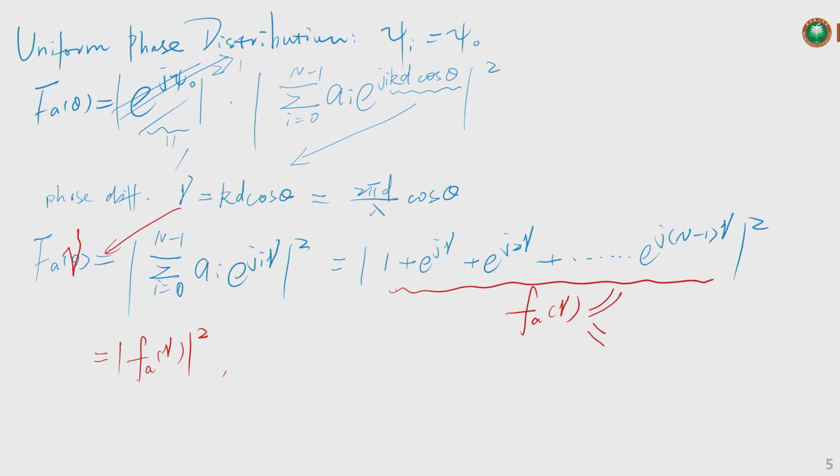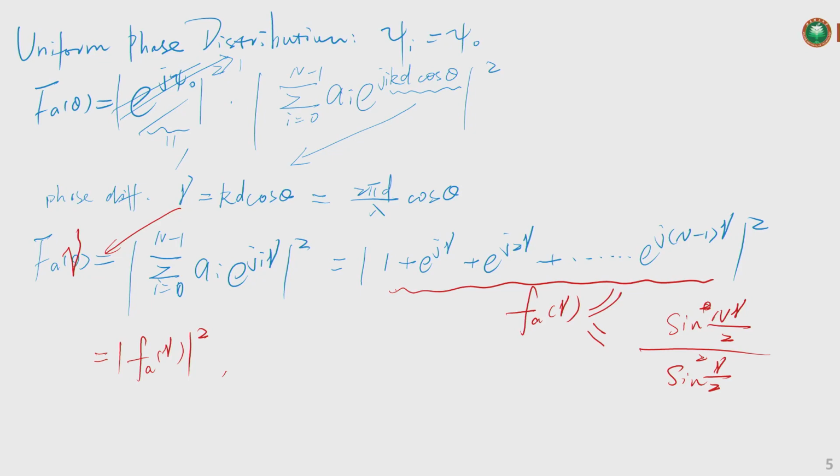And then finally, after the calculation, it becomes sin of N gamma over 2 divided by sin of gamma over 2, squared.